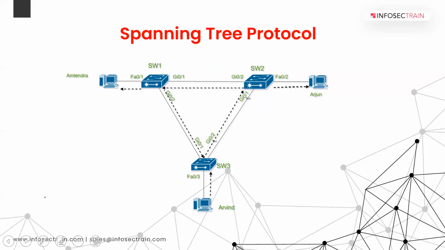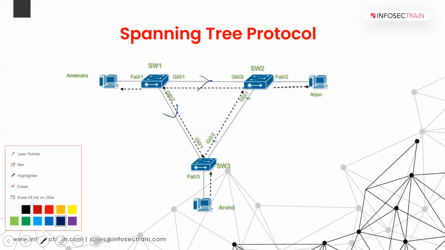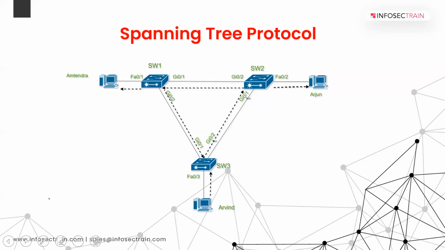So that's why when root bridge will be sending the data, all the data will be received by all the switches and it will be forwarded. Now, what happens after the implementation of your spanning tree protocol? Your one of the link will be closed. Like, let's say this link is closed. So, if there is no one in this side and no one in this side, again, we are taking the example that Mr. Arvind is not connected.